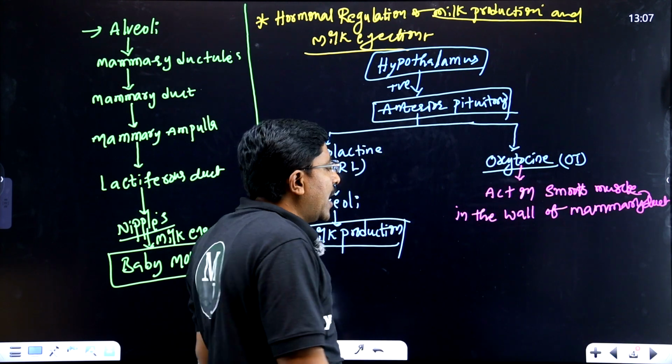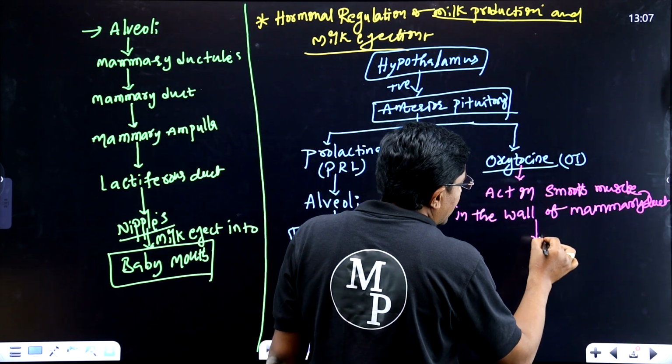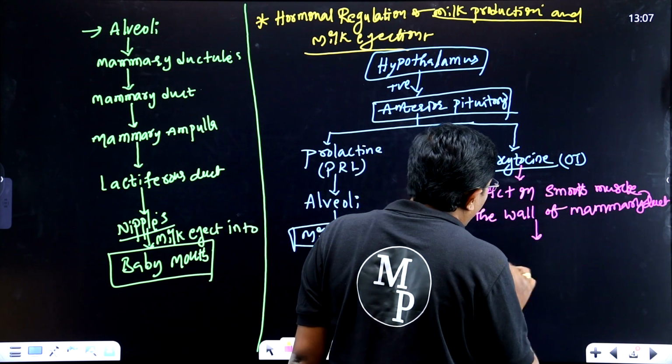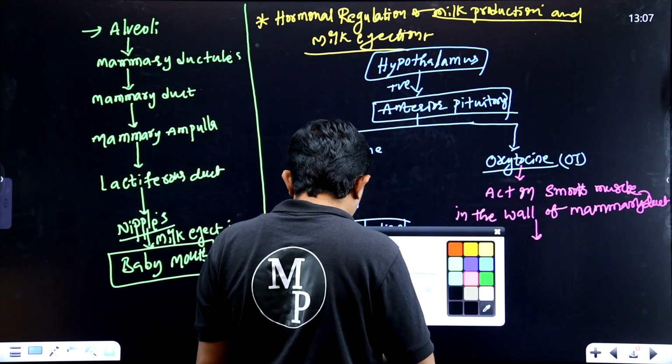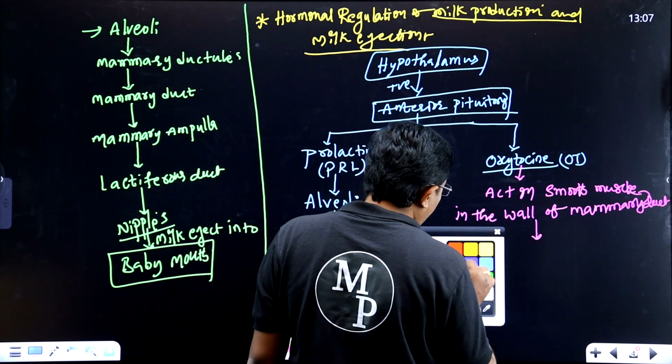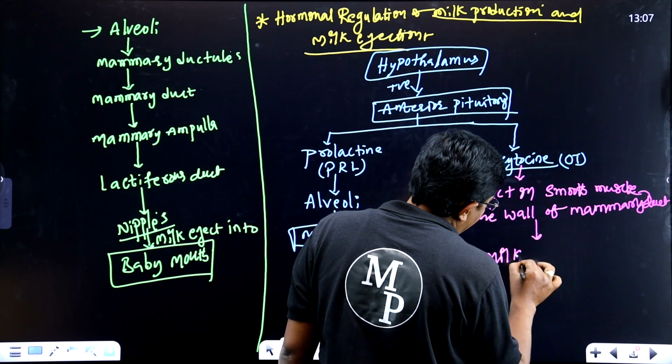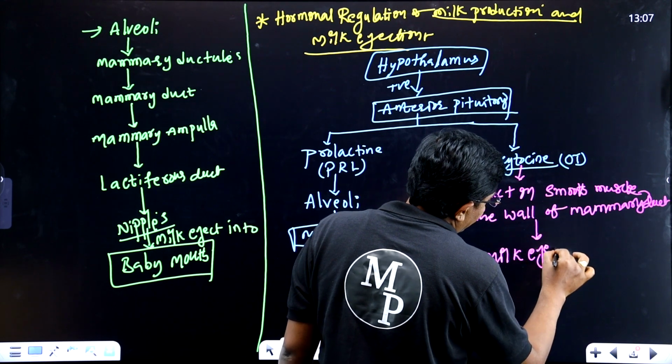The smooth muscles contract, and thereafter milk ejection takes place.